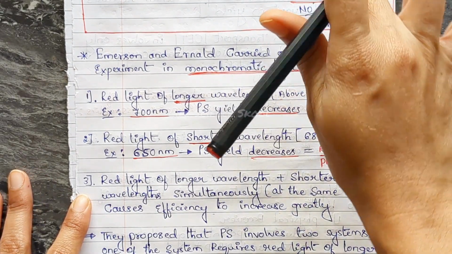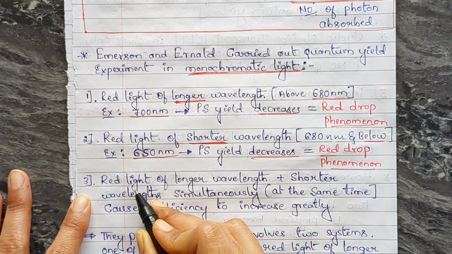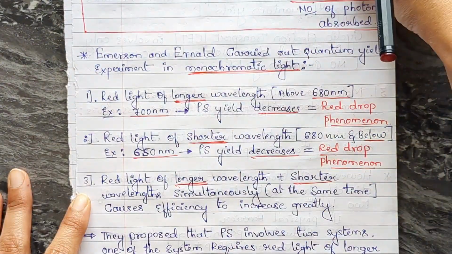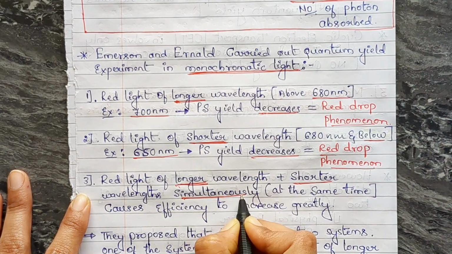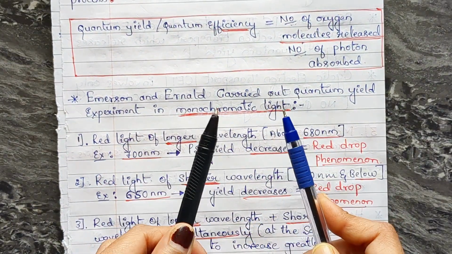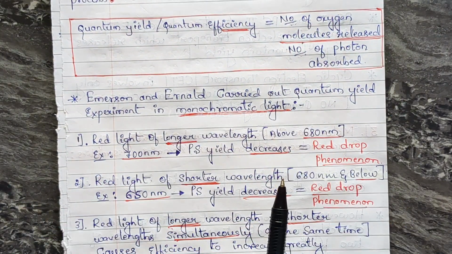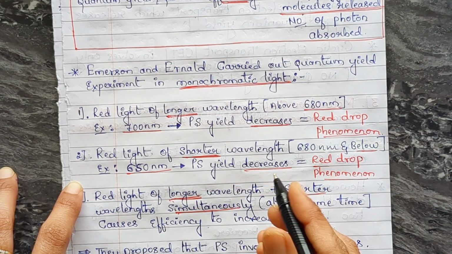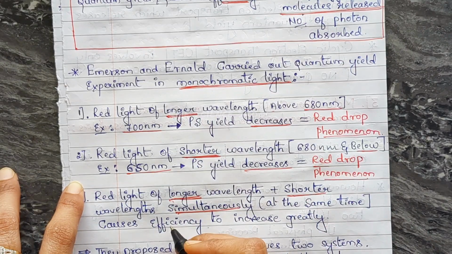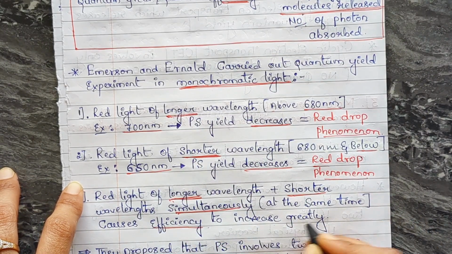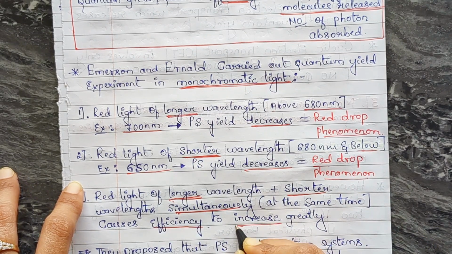So in the third set of experiments, they combined red light of longer wavelength with red light of shorter wavelength simultaneously. Simultaneously means at a time. They gave the red light of longer wavelength and red light of shorter wavelength at the same time, and then they observed an increase in the quantum efficiency to a greater level.